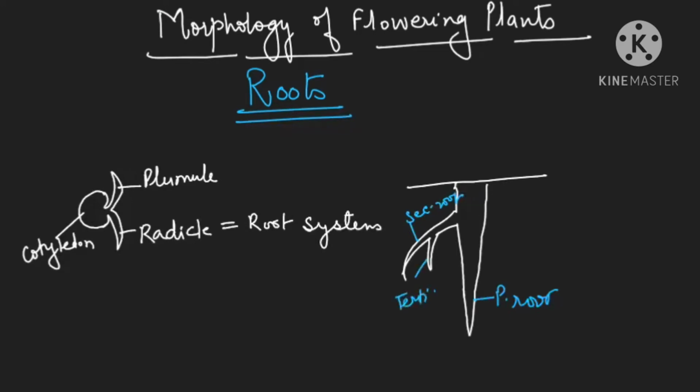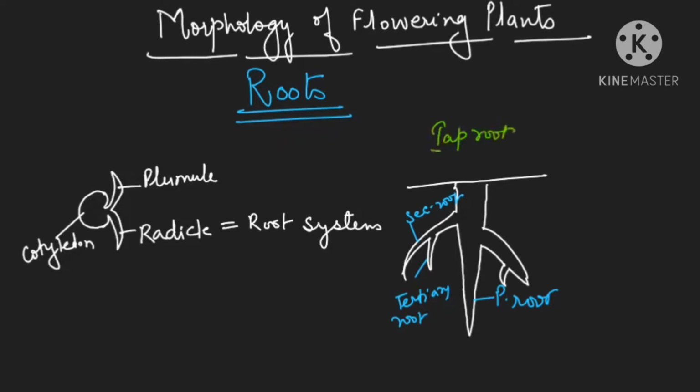But if you check the diagram carefully, the primary root is always leading. Secondary is not able to compete with the primary, neither is tertiary able to compete with the primary. Are you understanding it? The primary root is always leading and the secondary and tertiary are not able to compete. Such a type of root system is known as taproot system.